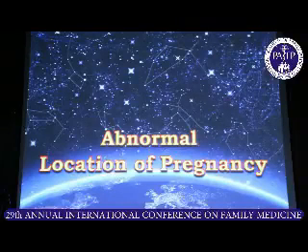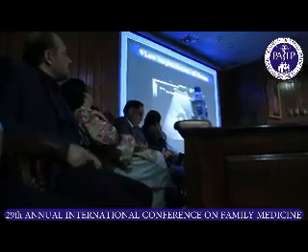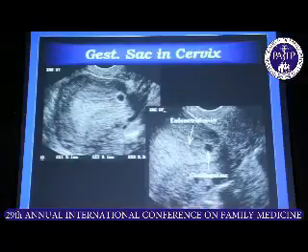Abnormal location of pregnancy. Once the ovulation starts, it can fertilize in the abdomen or in the ovary, fimbrial end, ampullary end, isthmus, interstitial, in the cervix, in the cesarean scar, like this one is a low implantation in the lower uterine segment.